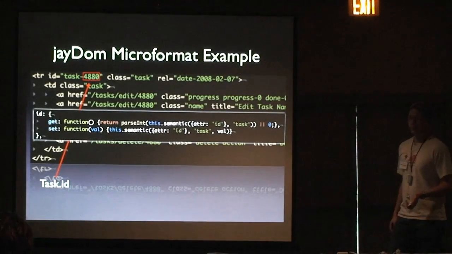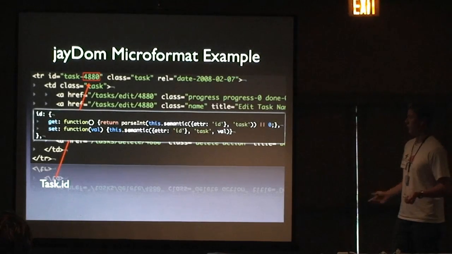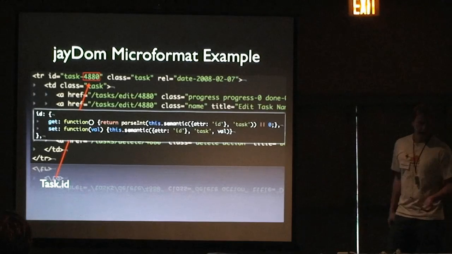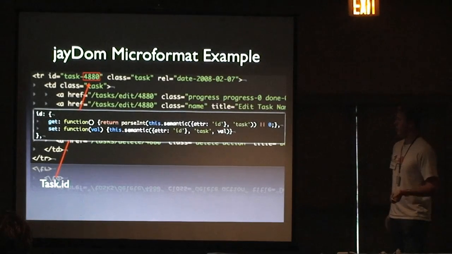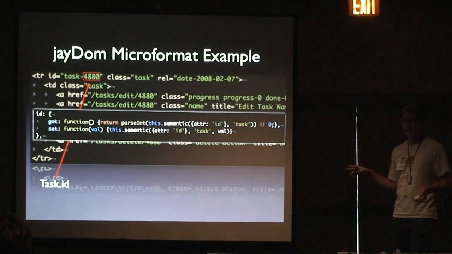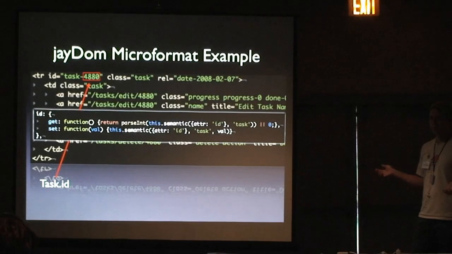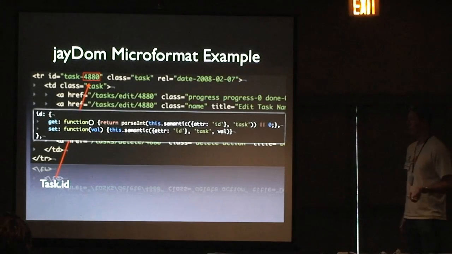We define a field function, as we've seen before, and this is the ID column we set in. We have the function get, which essentially returns the semantic value encoded in the attribute ID, which is a different way of calling the semantic function, which means you can use it not only on the class attribute, it works on any attribute, but by default it thinks it's the class attribute that's meant.